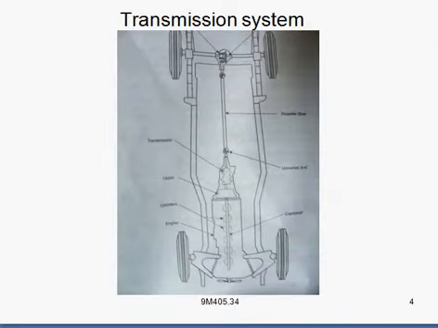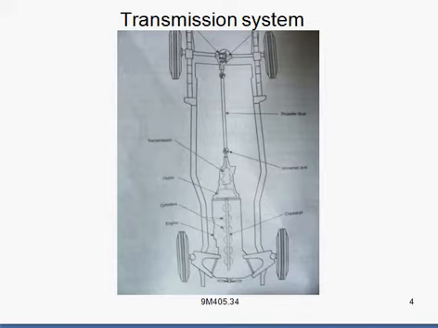This is how you will see the transmission system of an engine. This is the frame of the structure, and on this frame the elements of the transmission system are mounted like this. Here is the engine, and this is the clutch, this is the gearbox, this is the propeller shaft, and this is the differential, and these are the rear axles, and finally these are the rear wheels.